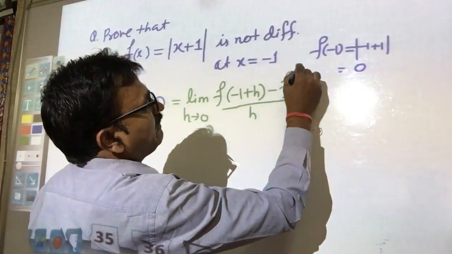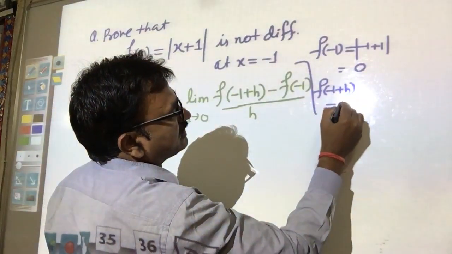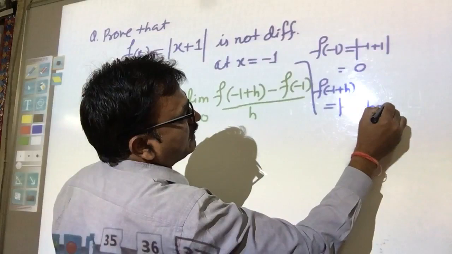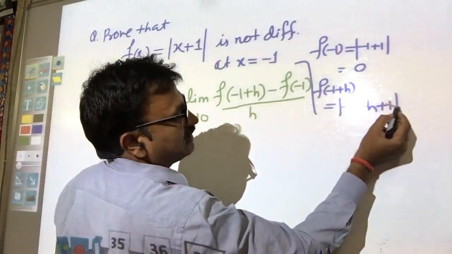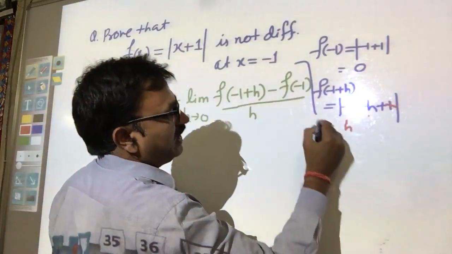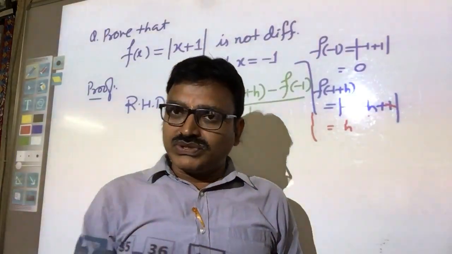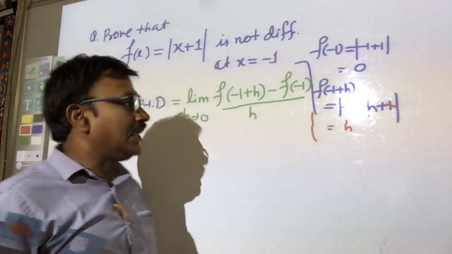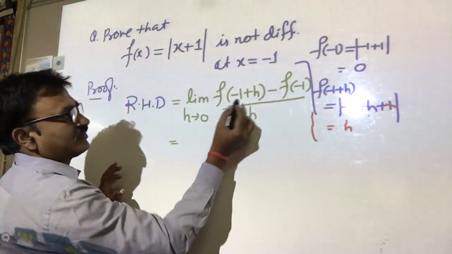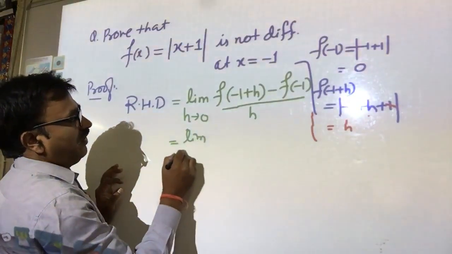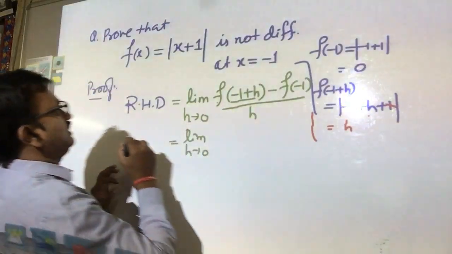Similarly, we will find f(-1 plus h). It is |-1 plus h plus 1|, and -1 cancels with +1, leaving mod of h, which is equal to h, because h is always used as a very, very small positive value. So now, using this, the limit of h tends to 0 of f(-1 plus h).